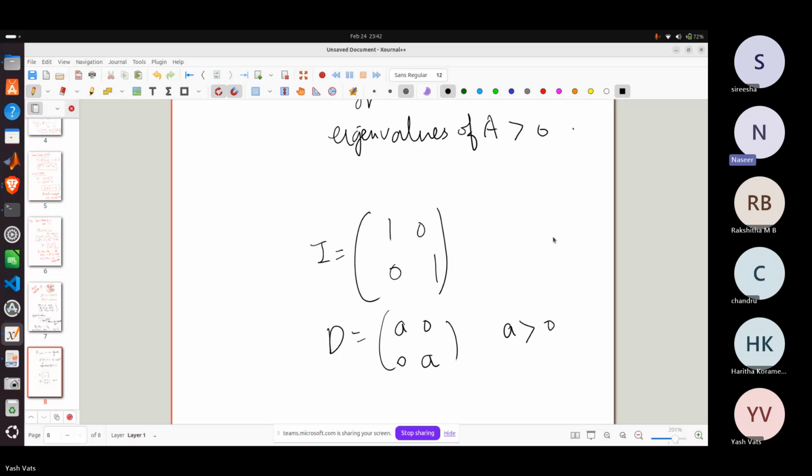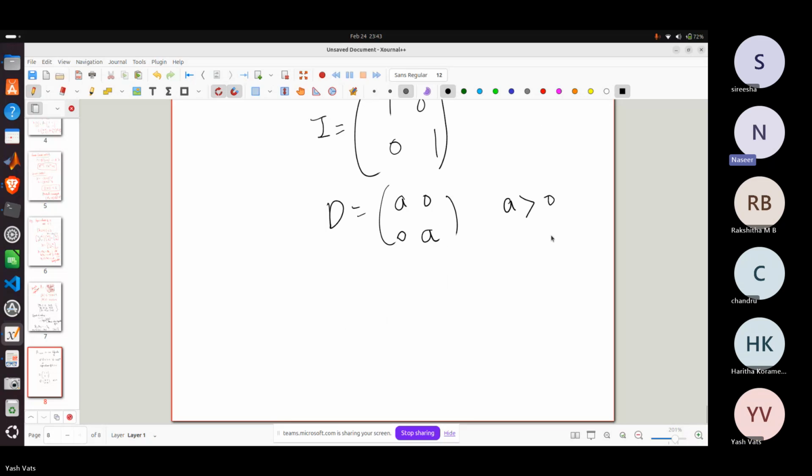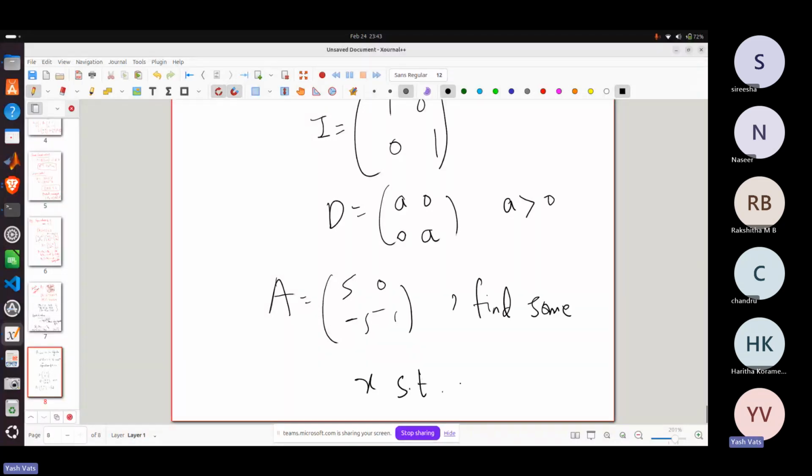Okay, so if you get any random matrix, how are you going to judge whether it is positive definite or not, sir? Suppose A is given to you like 5 0 something minus 5, and you find some x such that x transpose A x is not greater than 0, then you say it's not positive definite.